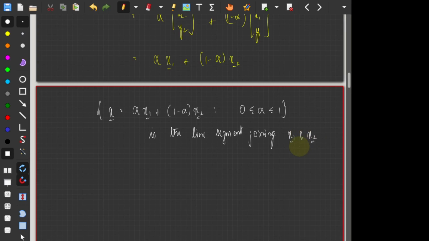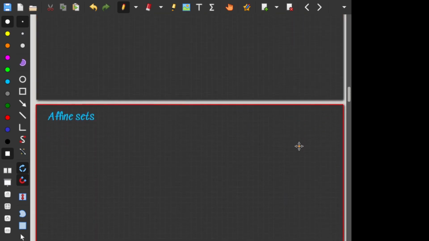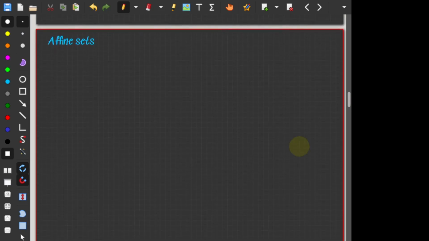Any questions? Okay. So now we define this notion of an affine set. Just as you had vector spaces, we want this general notion of a line and a set which contains lines.